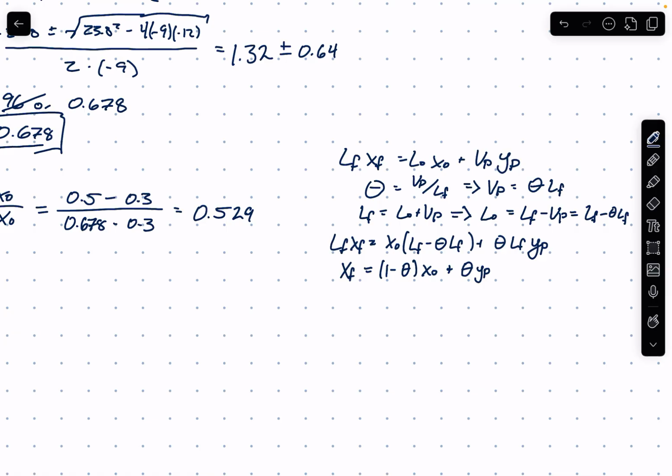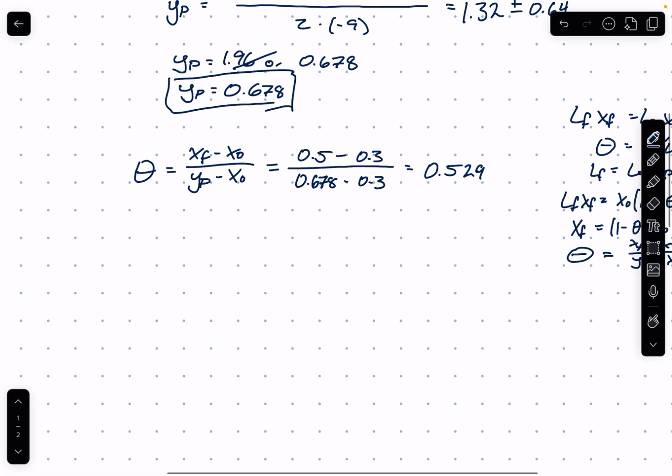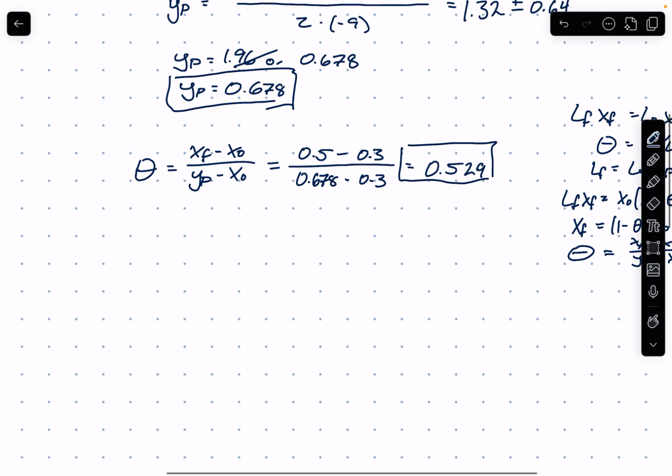And then simply solving for theta gives us that theta is equal to xF minus x naught over yP minus x naught. That gives us this formula for theta.